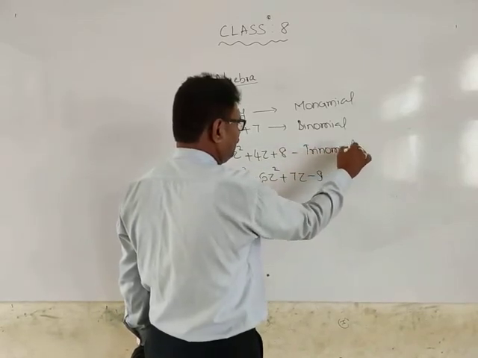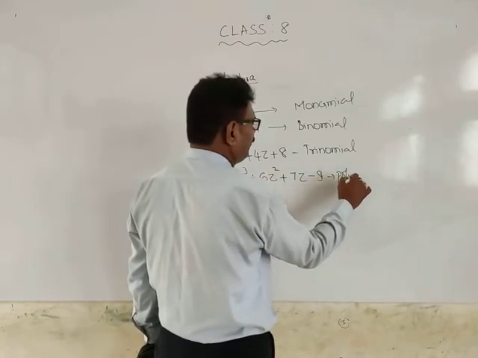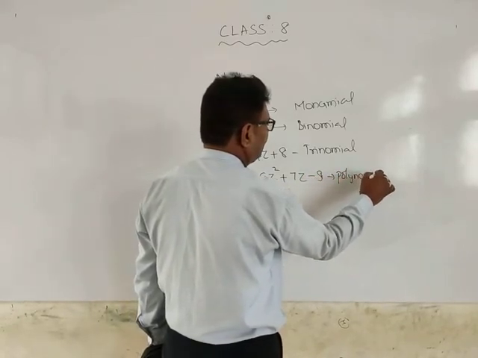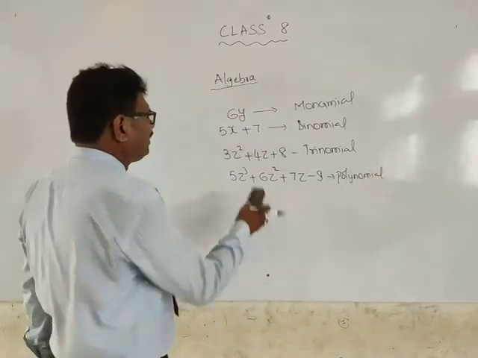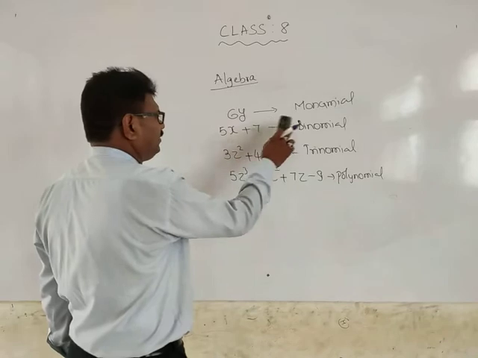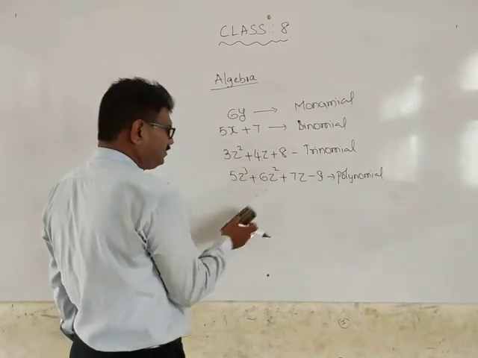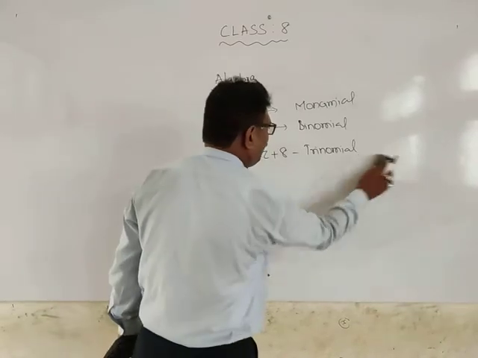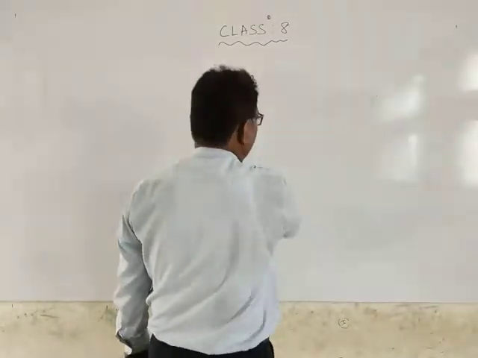What is that? Trinomial. Here 4 are there, it is known as polynomial. One term means monomial, two terms means binomial, three terms means trinomial, and four terms means polynomial. Okay na? Polynomial means what? More than 3 terms. Okay na?